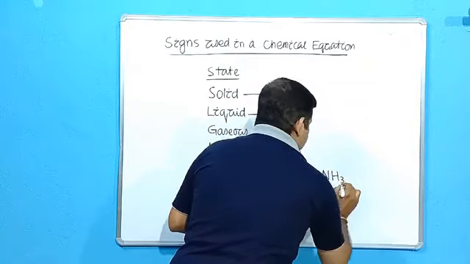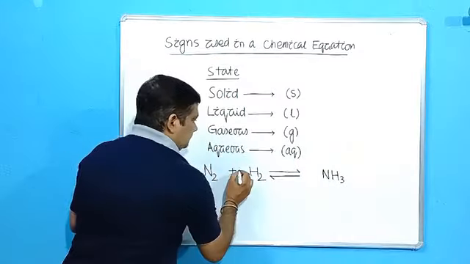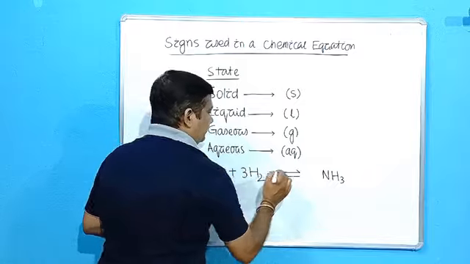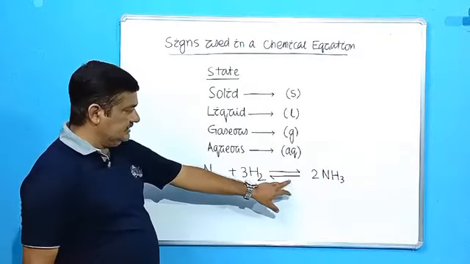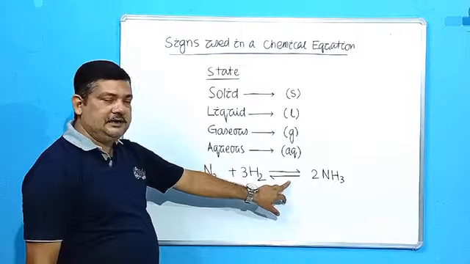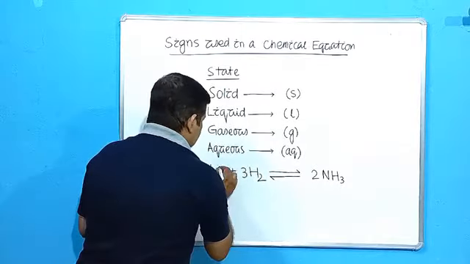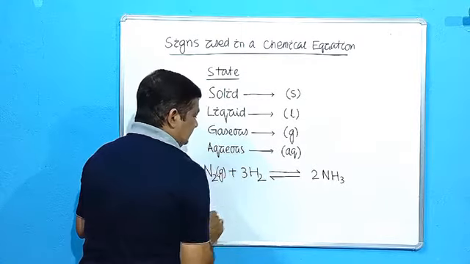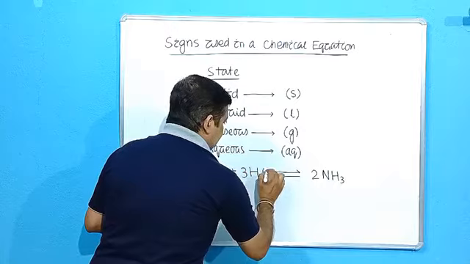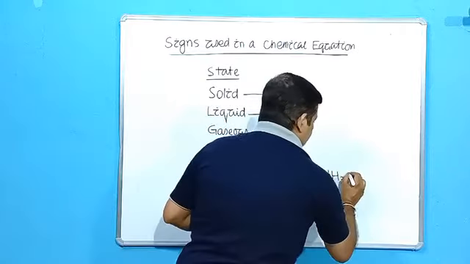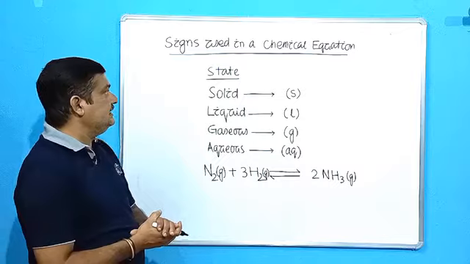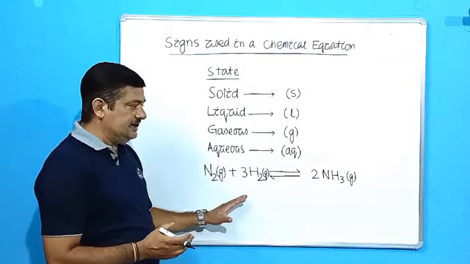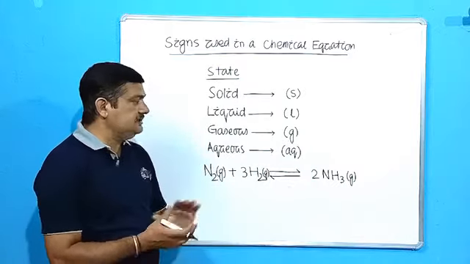This is called Haber's process. N2 plus 3H2 gives 2NH3. First, this is a balanced chemical equation. Then this mark means this will be in equilibrium. Then N2 is in the gaseous state, nitrogen gas, hydrogen is also gas, ammonia is also gas.